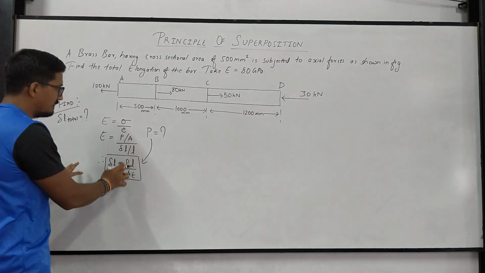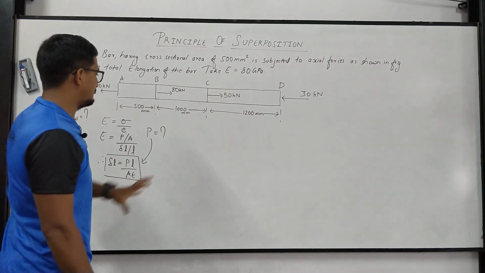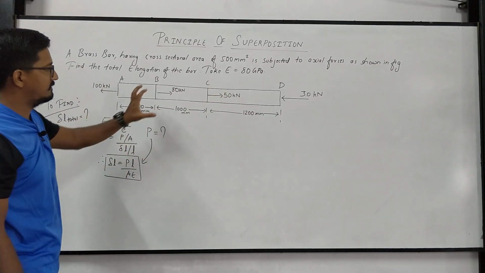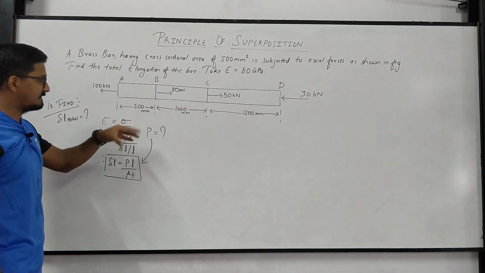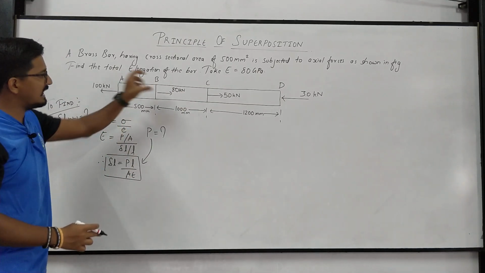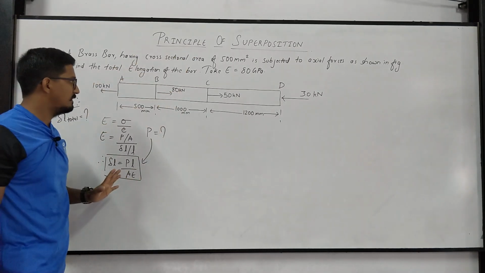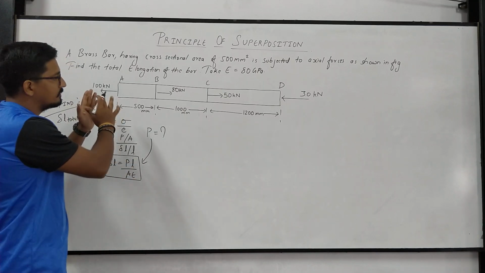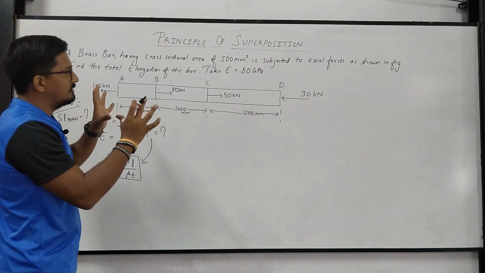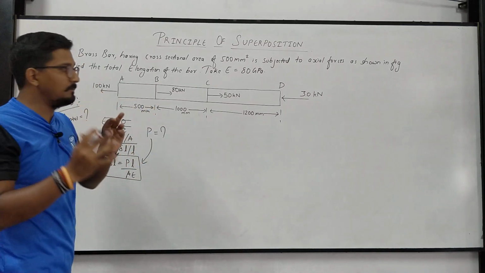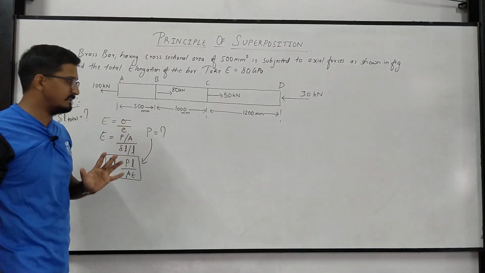This P is difficult to analyze from this figure since there are different P's. What P should we take here is the major concern. This concern is rectified by means of the principle of superposition. We have to position the bar in such a way that we get a single P, or a resultant P, for each section. So this is what the principle of superposition is all about.